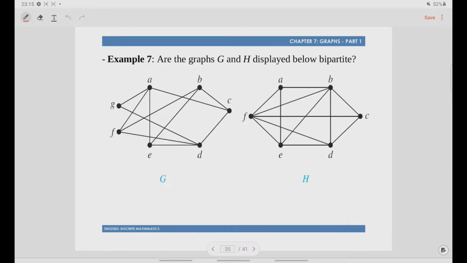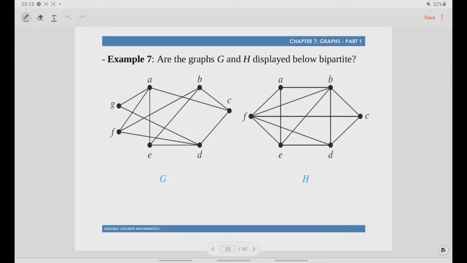Okay, example number 7. Are the graphs G and H displayed below bipartite? Is G bipartite? Is H bipartite? So the final answer for this question is the conclusion whether G is bipartite or not bipartite, and whether H is bipartite or not.